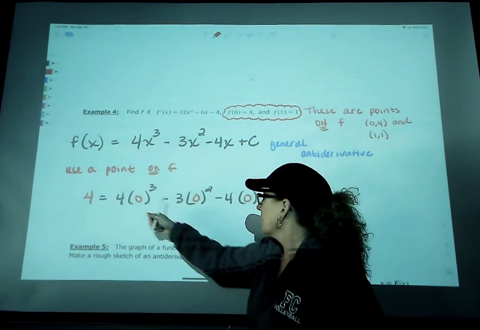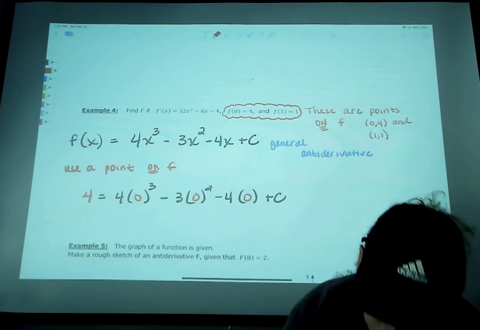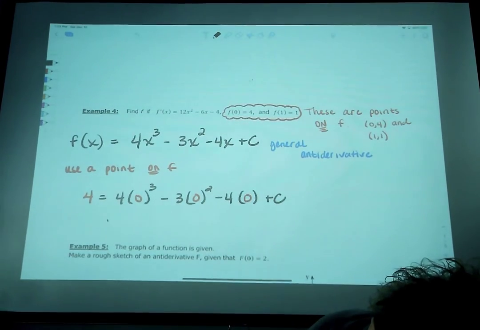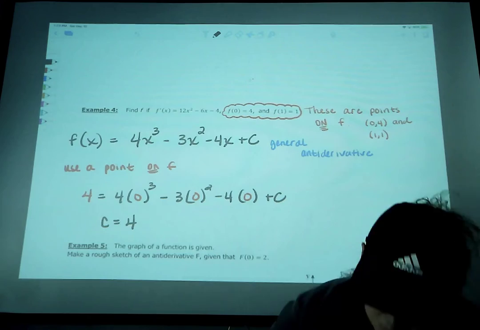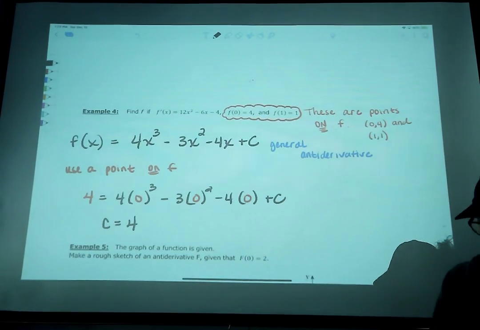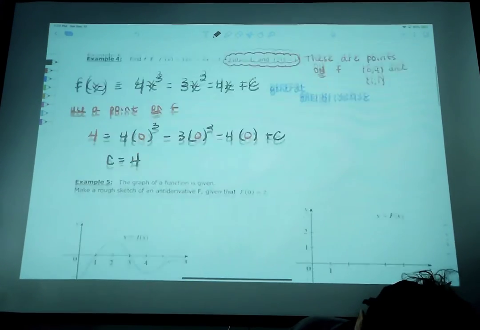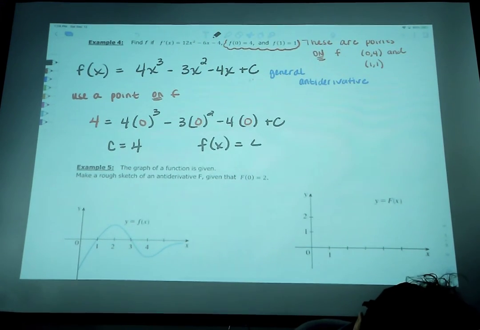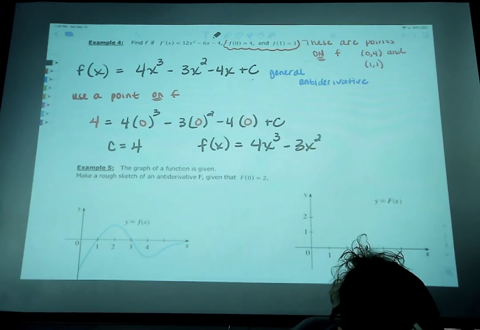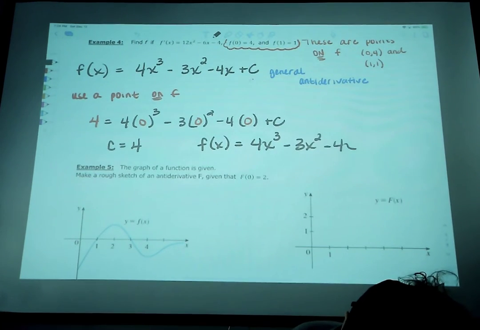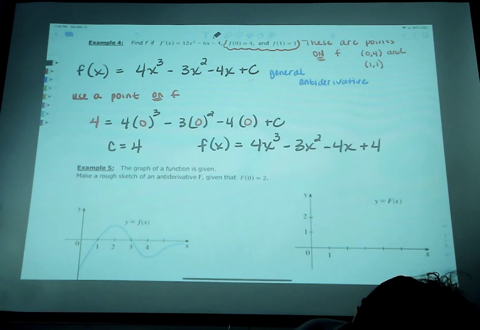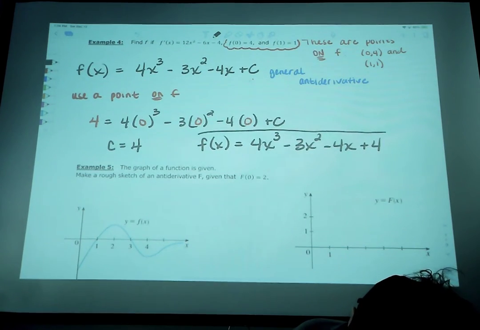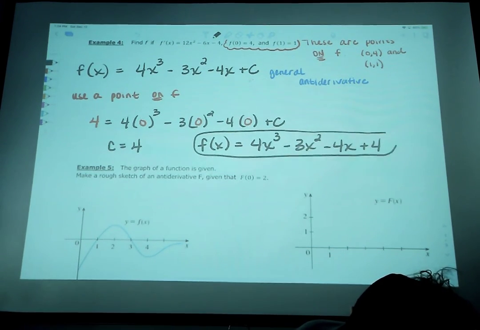All right? Gone, gone, gone. C is 4. So f specifically is 4x cubed minus 3x squared minus 4x plus, now we know that constant, which was plus 4.